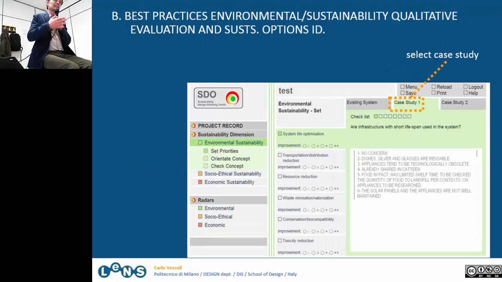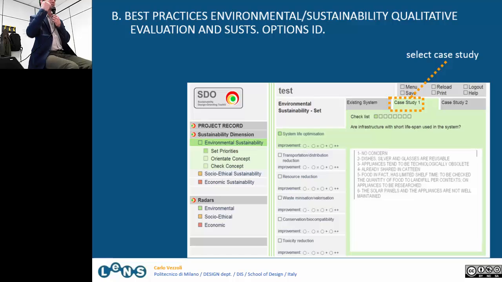Okay, the same check that you can make for the existing system, the EDU of Visa Campus, you can do for some best practice. For example, there is in the Netherlands a sustainable campus with a canteen that is seen as the most interesting in terms of environmental sustainability. And so you can study this, again trying to answer the checklist in relation to the different criteria.